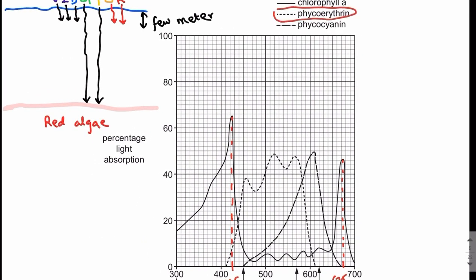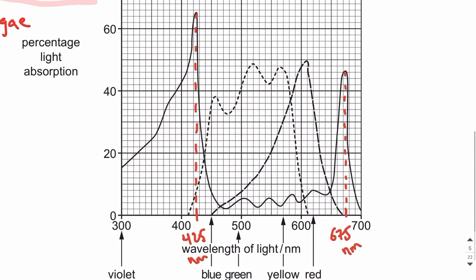Then we can talk about phycoerythrin, right? So phycoerythrin has high absorbance at three different wavelengths. One is 455 nanometers. Other one is 520 nanometers. And the third one is 565 nanometers, right?